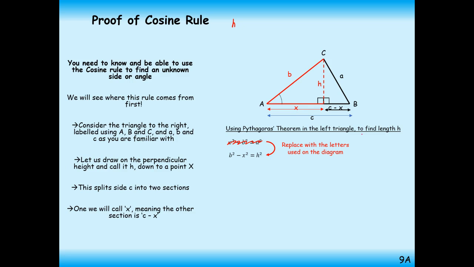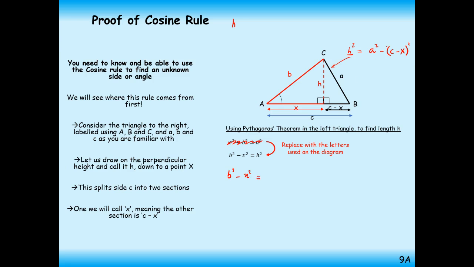And if we do the same for the other triangle there, apply just Pythagoras there, h squared is also going to be a squared minus (c minus x) in a bracket squared. So we're going to set these two equal to each other. We're going to have b squared minus x squared, this is one definition of h squared.